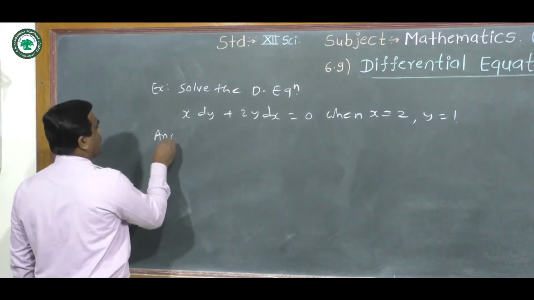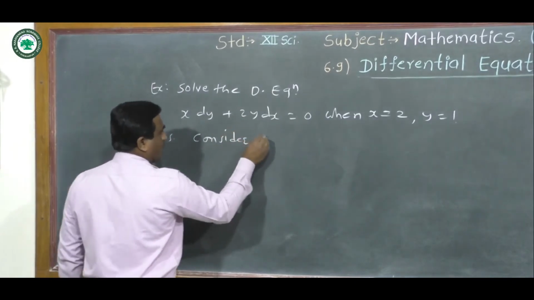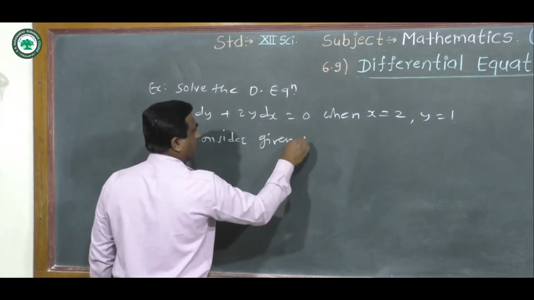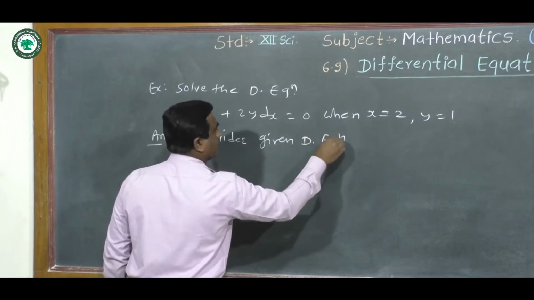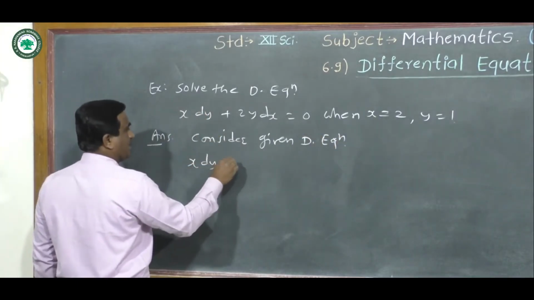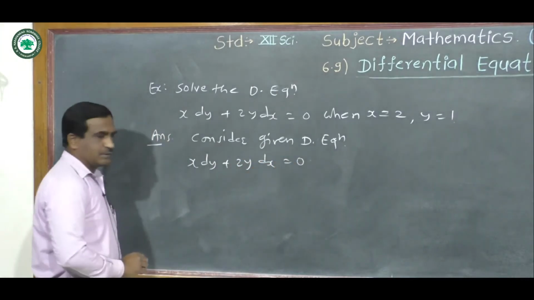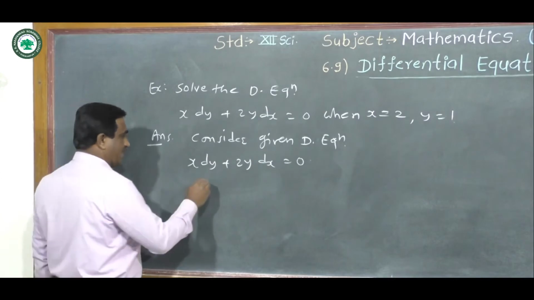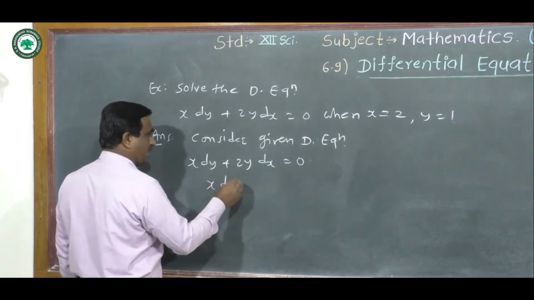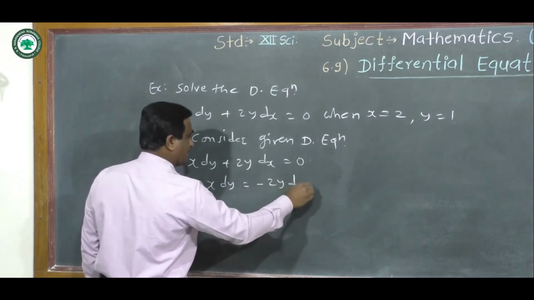Now answer for this. Consider the given differential equation, that is x into dy plus 2y into dx equal to 0. Now we can find value of dy by dx. x into dy is equal to minus 2y dx.